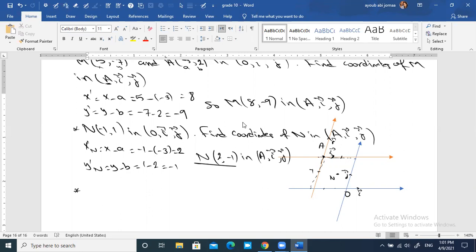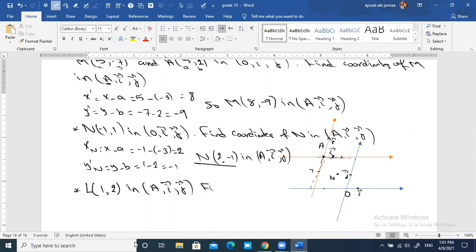Another example. Let's say we have point L that has coordinates 1, 2 in the system AIJ. In the system AIJ, the coordinates of L are 1, 2.